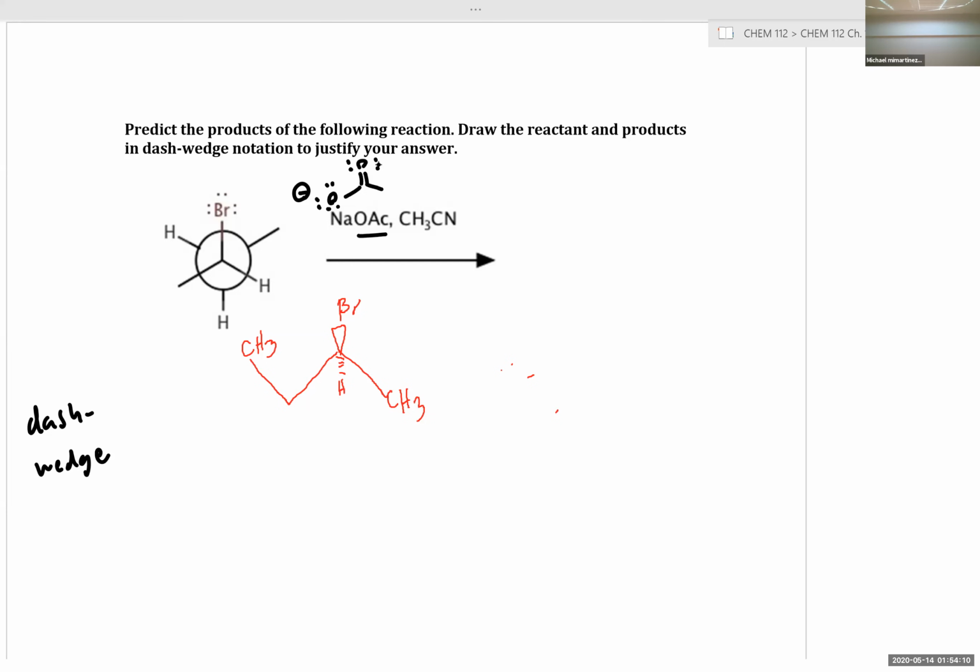Oh yeah, that's one way of depicting this molecule in dash wedge. It looks good. Yep. Would someone else like to volunteer to depict the product, or would the same student like to volunteer to depict the product in either Newman form or dash wedge form?